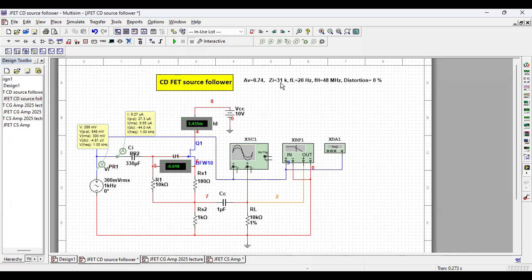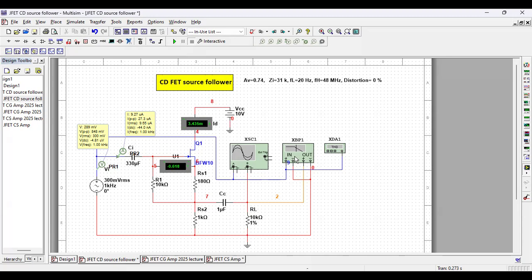That makes an input impedance of 31 kilo-ohm. 31 kilo-ohm is a very good, high input impedance. So when you want impedance matching in a cascade series, sometimes towards the end, before the power amplifier, you need impedance matching. There you use this particular configuration. You don't get amplification, but you get very, very high input impedance.